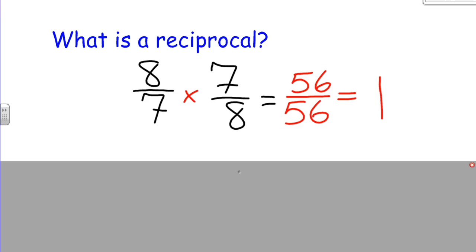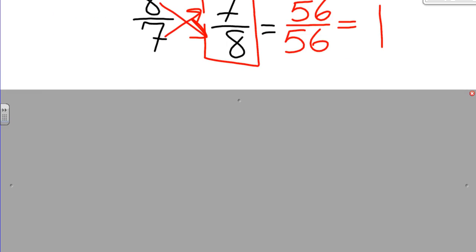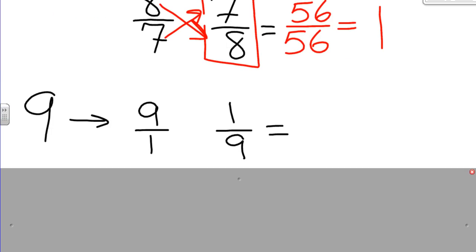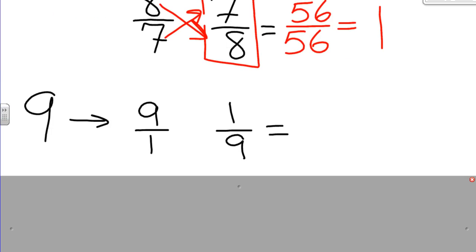And what do you notice about this number from the original number, 8/7? That's right. The numerators and denominators basically just switched places. That's what a reciprocal is. To find the reciprocal of a number, we need to switch the numerator and denominator. Here's another example.